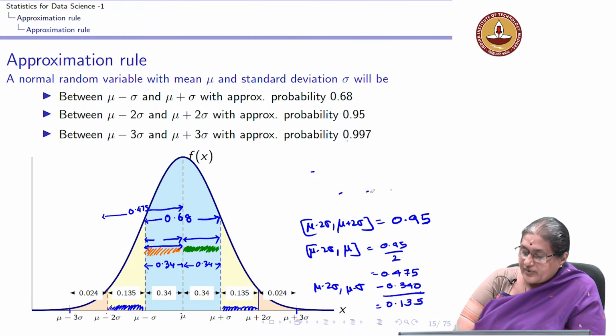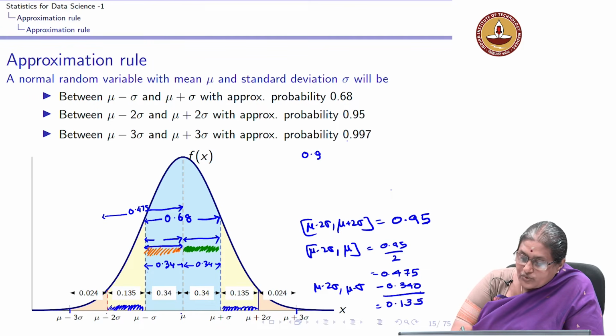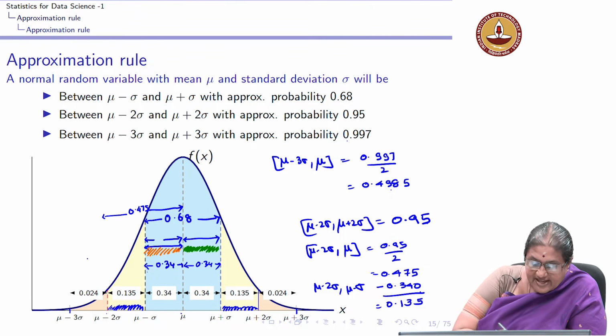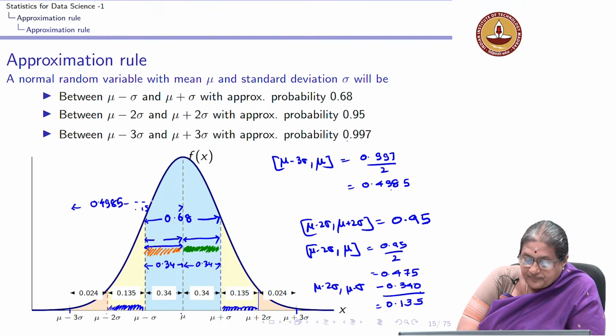Now, this region mu minus 3 sigma to mu plus 3 sigma, again I know is 0.997, that is what we have seen. Continuing, mu minus 3 sigma to mu by symmetry is going to be 0.997 by 2, which is 0.4985. This entire region is 0.4985.